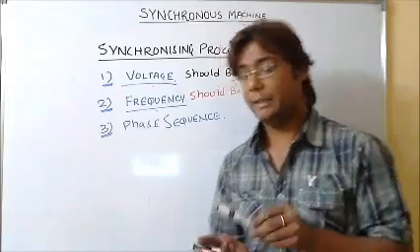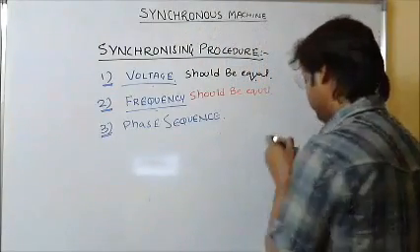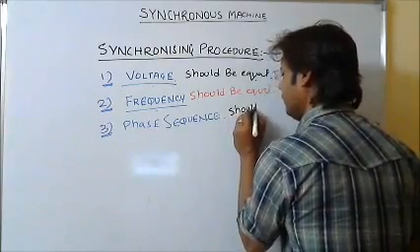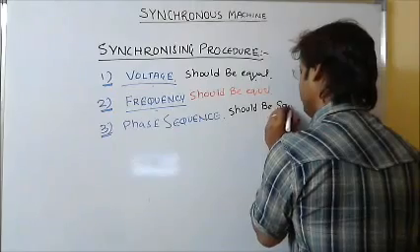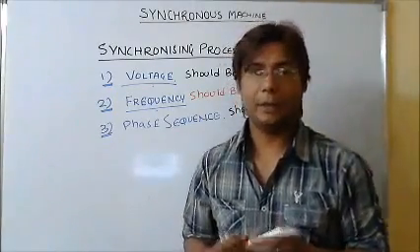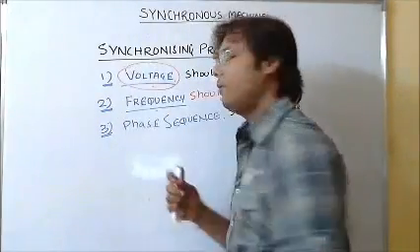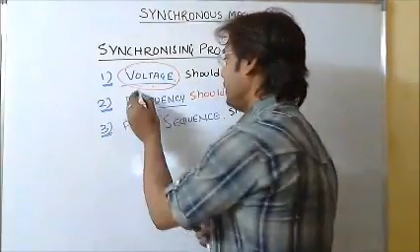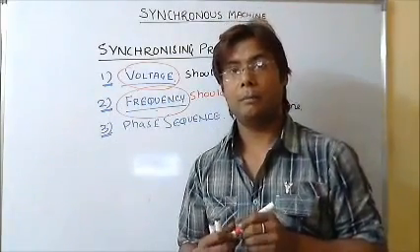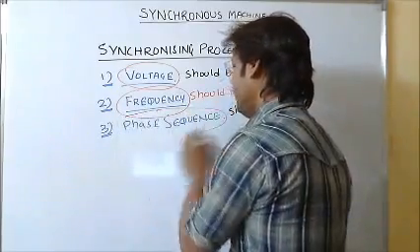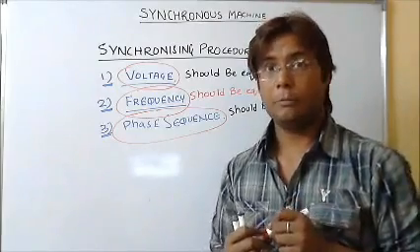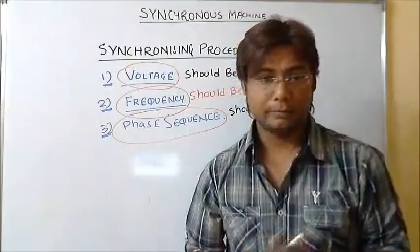So these three points are very important in the synchronizing procedure. First of all, the voltage should be equal. Secondly, the frequency of the incoming generator should be equal to that of the bus bar. And the third thing is that the phase sequence of the incoming generator should be the same as that of the bus bar.